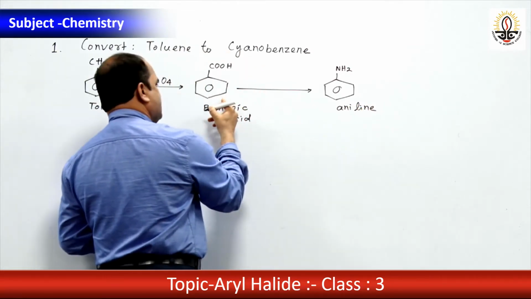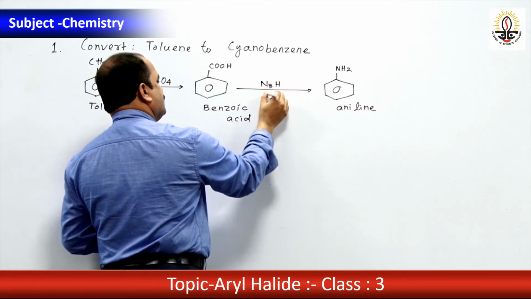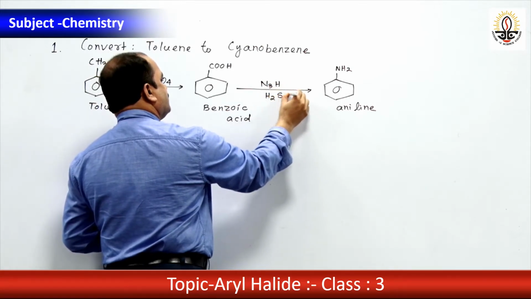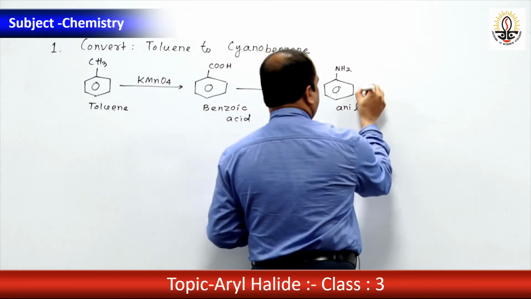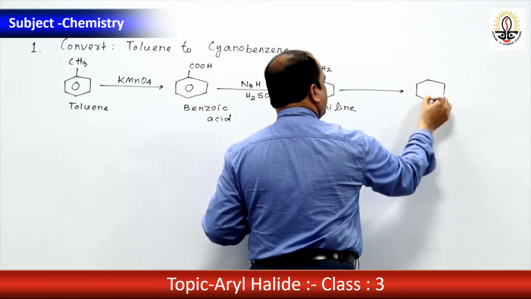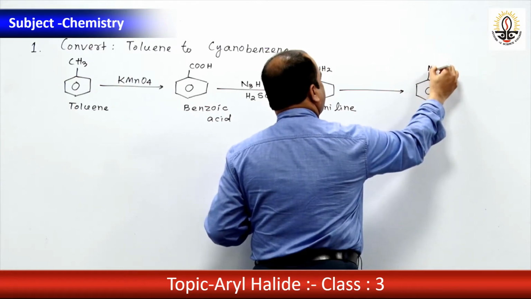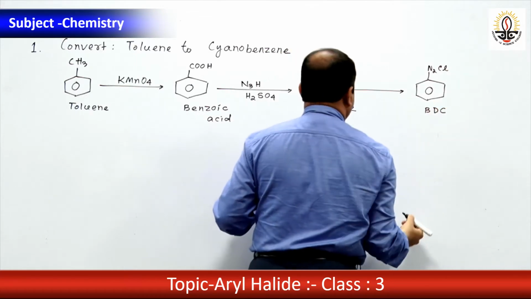When benzoic acid reacts with hydrazoic acid, N3H, in presence of concentrated sulfuric acid, it gives aniline. This aniline is again converted to BDC, benzene diazonium chloride, C6H5N2Cl.